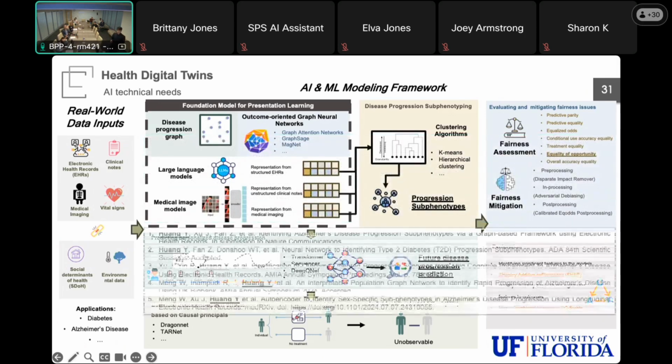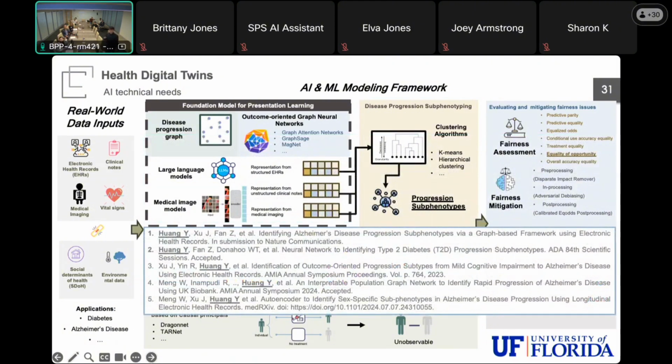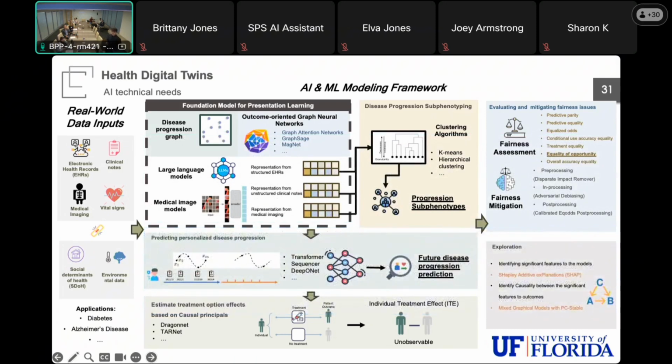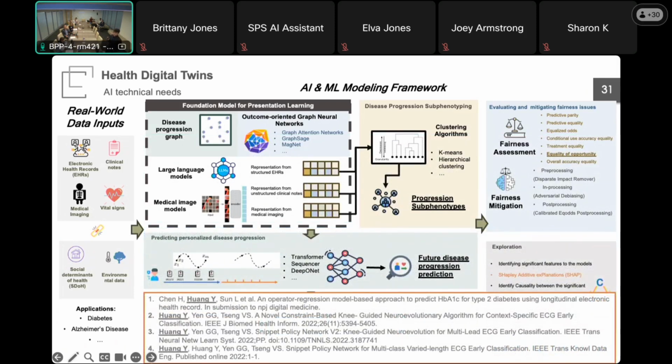And for the representation learning, of course, we need techniques to learn the representation of the patient, and techniques to decode the disease subtypes, and we need techniques for the prediction modeling, especially to analyze this kind of longitudinal data to make more accurate predictions.